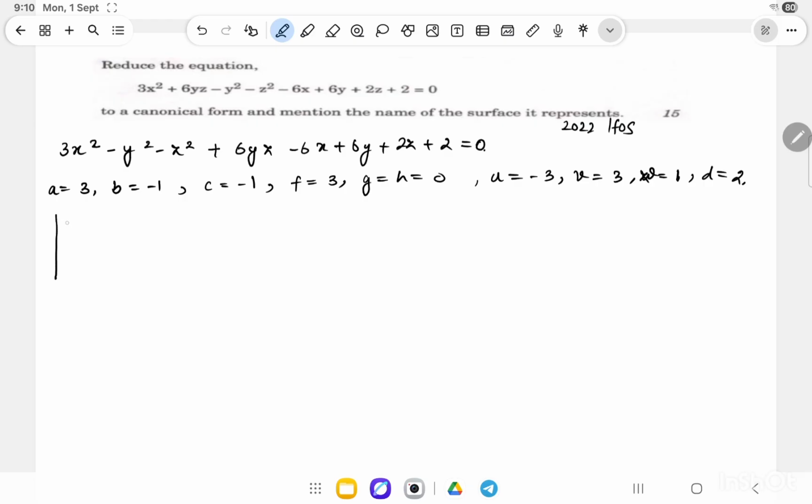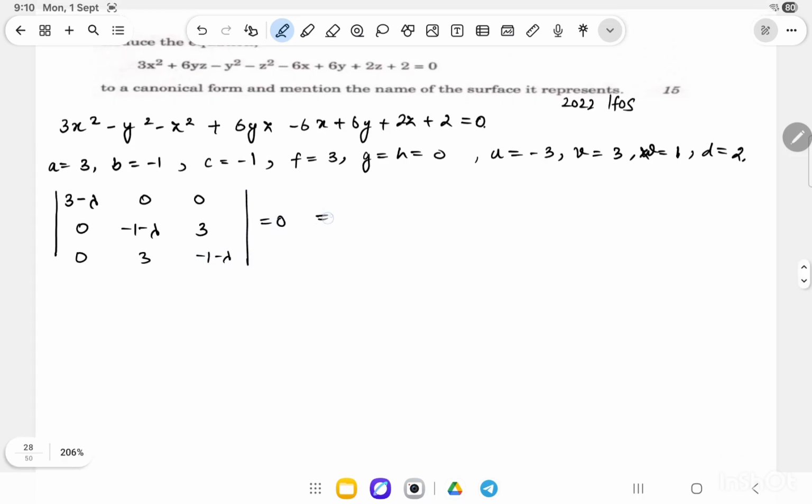So the discriminating cubic is the determinant |3 minus lambda, 0, 0; 0, minus 1 minus lambda, 3; 0, 3, minus 1 minus lambda| equals 0. If I solve it, I'll be getting (3 minus lambda) into ((1 plus lambda) square minus 3 square) equals 0.